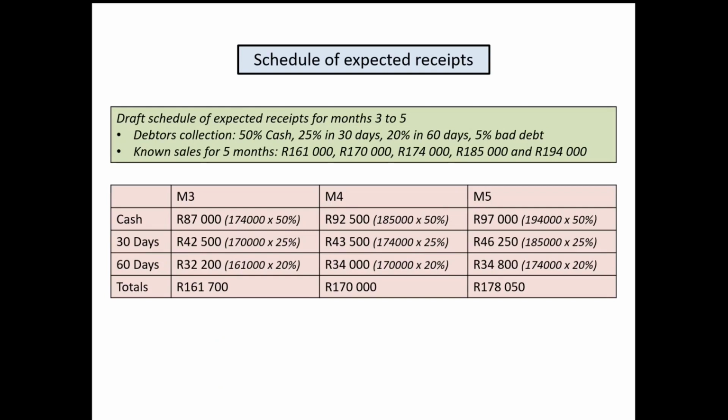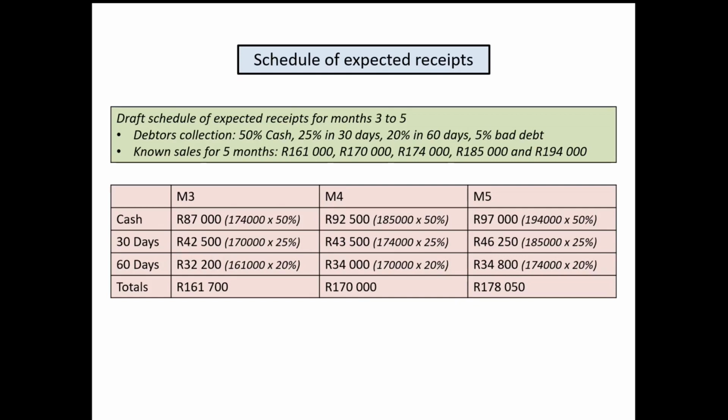In month 3, we take the sales of month 3, which is 174,000, and we multiply it with 50%, because 50% of our sales is going to be in cash.